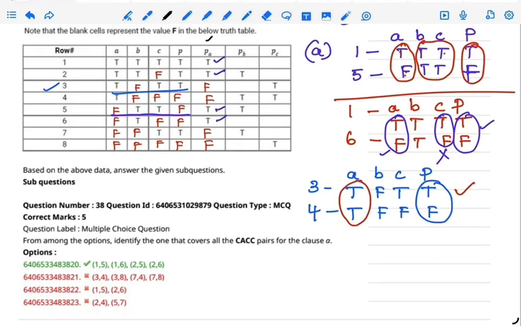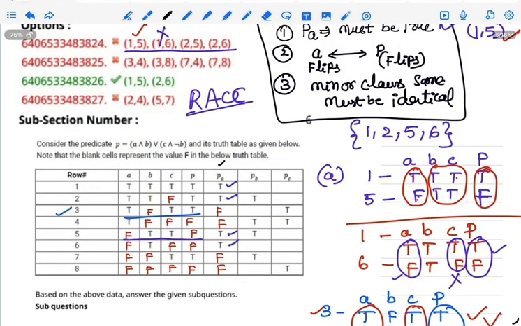A is true in both 3 and 4. It is not correct. And C is also not identical, different. So 3, 4 is not a pair. This option is also incorrect. 2, 6, friends. 1, 5 we already checked. This one is the correct RACC pair.